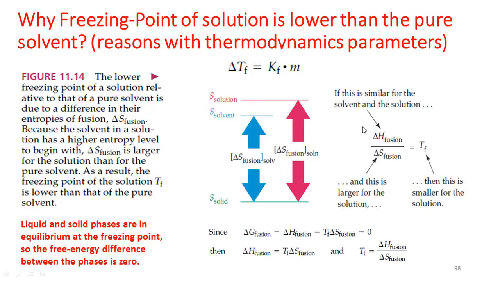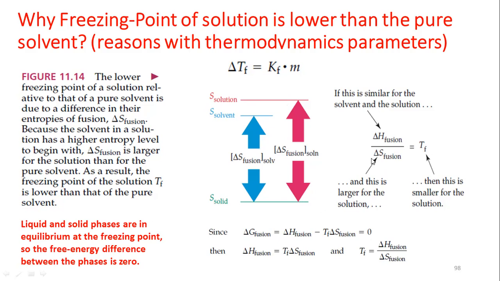So now consider again, if this is similar for the solvent and the solution, the change in enthalpy is the same for both the solvent and the solution, then what would happen? And this change in entropy is larger for the solution, as given over here, and I have explained before.